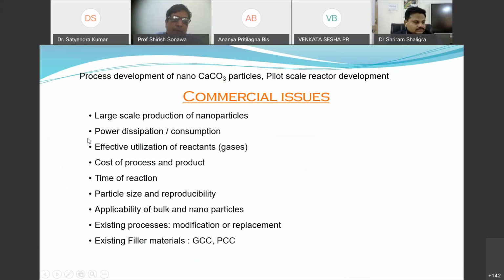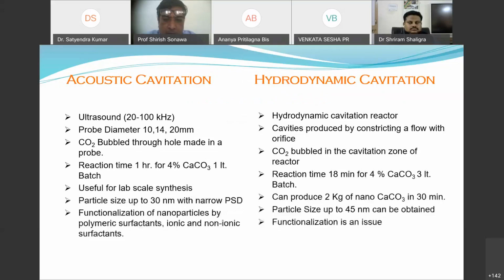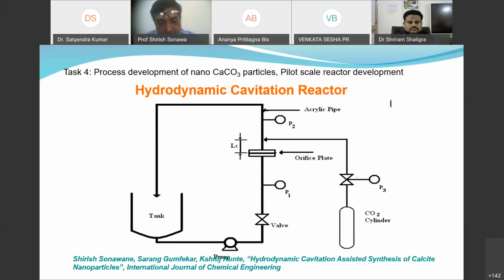So there are a number of issues in producing nano size calcium carbonate at a large scale. Effective utilization of CO2 gas, the shape is important, the time required should be reduced, and it should be comparable with ground calcium carbonate. In that case, we can utilize hydrodynamic cavitation, in which you use an orifice or venturi and put the CO2 gas at the zone where the cavity collapse is going to happen.